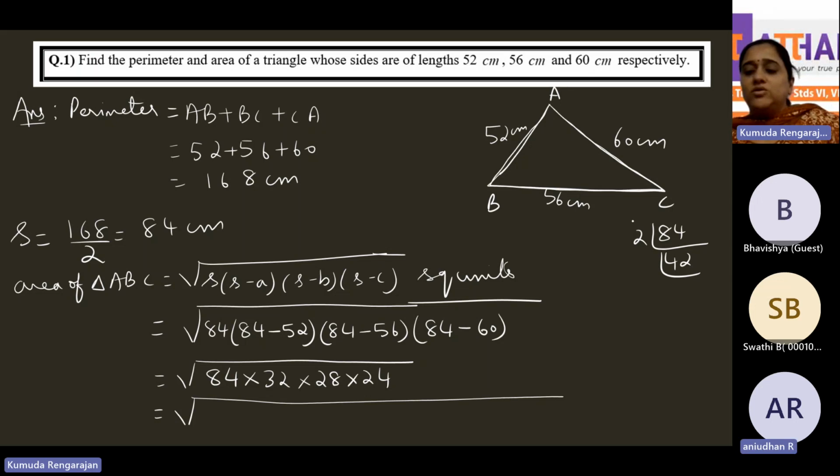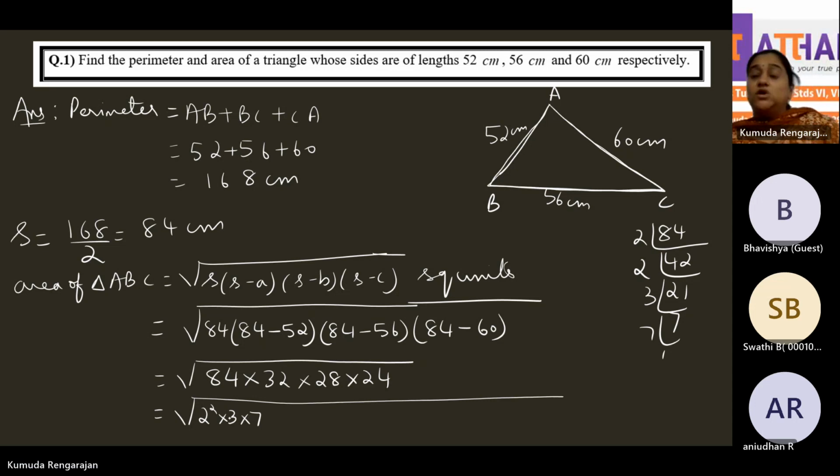Yes, okay, ma'am. So 2 into 2 into, tell me. Okay, so let me write as 2 square into 3 into 7. Is that correct? 2 square into 3 into 7. Okay, next 32 is?